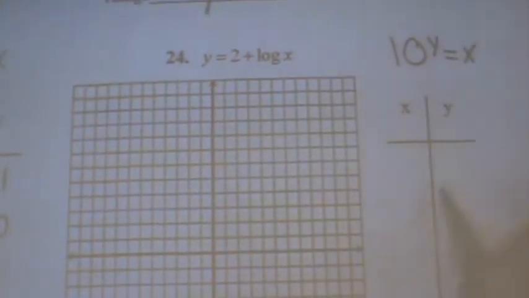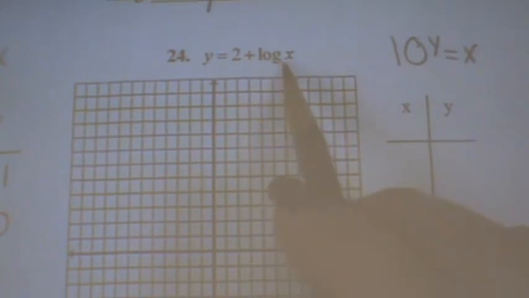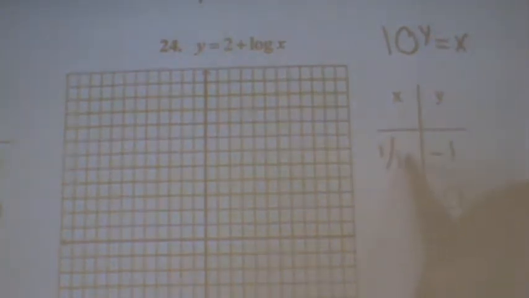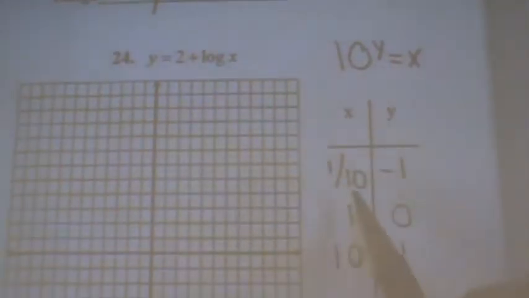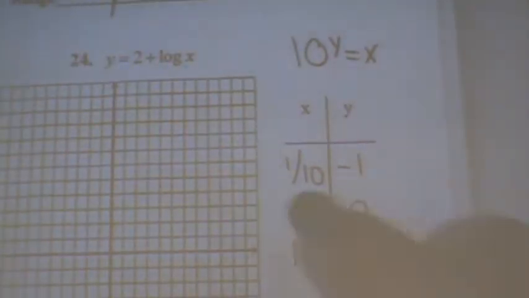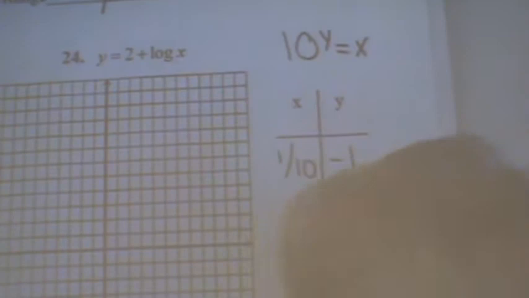Yep. So because the base is not given, it's understood to be a 10. So you're going to take these points, and this one's too big. Just use those 3. And you're going to do what to them? What are you going to do to the x or the y? You're going to add 2 to the y values. So tell me what you're going to graph.